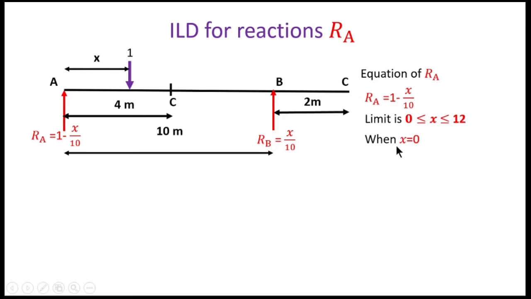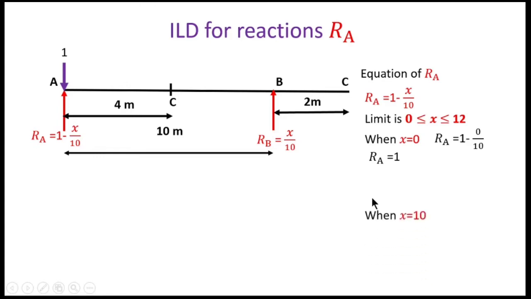When x is equal to 0, it means load is at the location A. So when x is equal to 0, what is the value of RA? Put x equal to 0 in this equation. RA is equal to 1 minus 0 by 10. So RA is equal to 1.